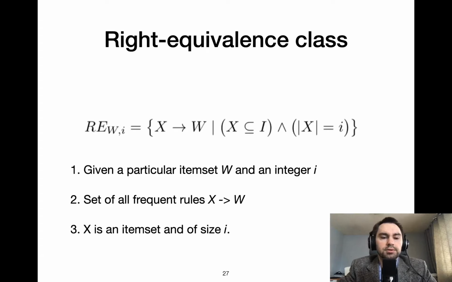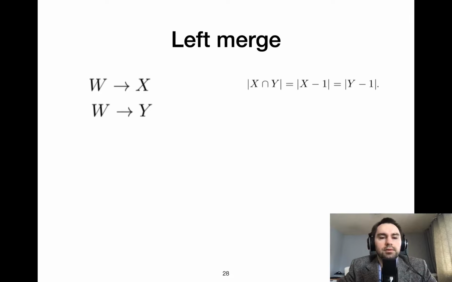Right equivalence class is similar. We are given W, and we're given I, and we say it's all the rules X goes to W such that X is of size I, and W is given. Given these two definitions, we can define left merge.